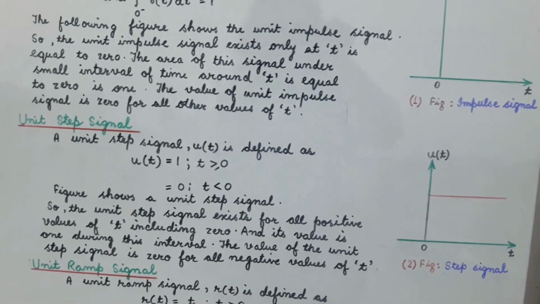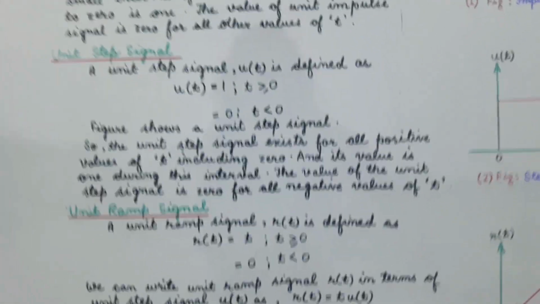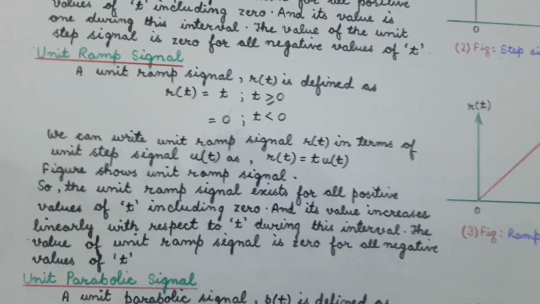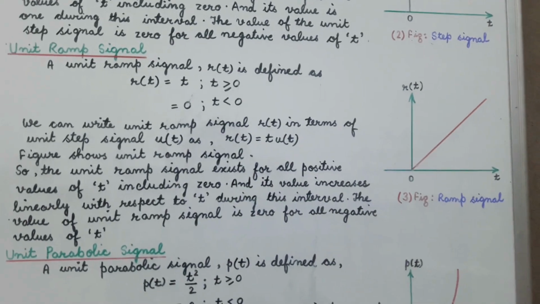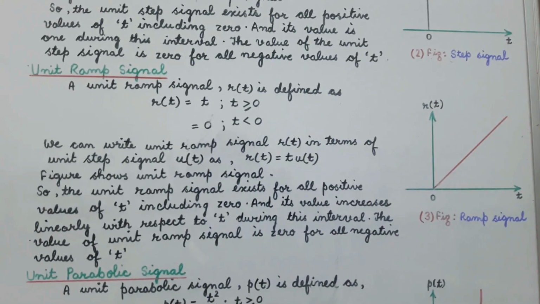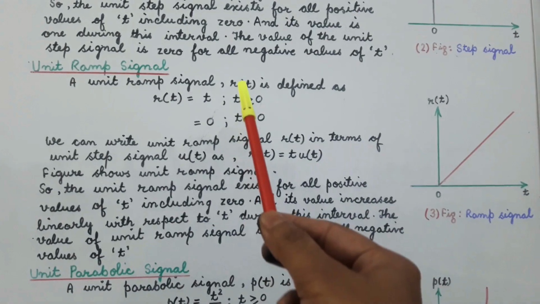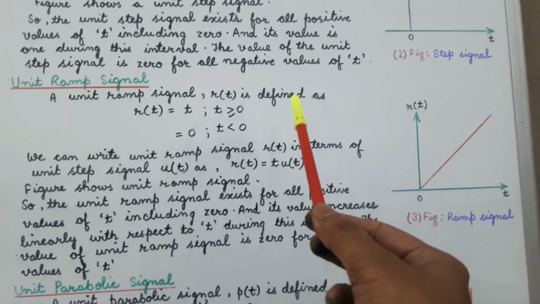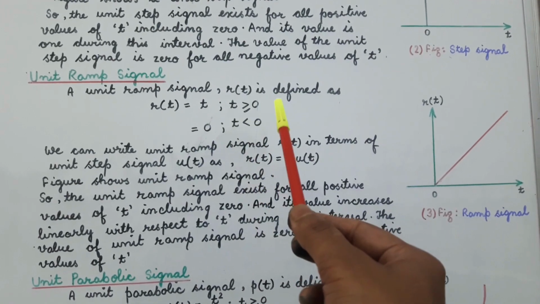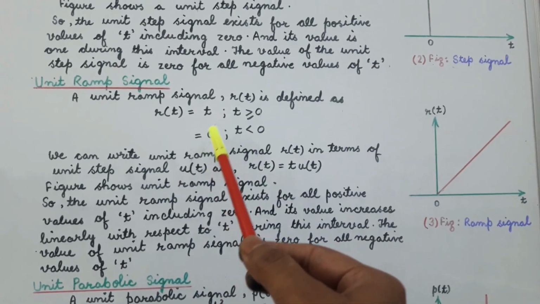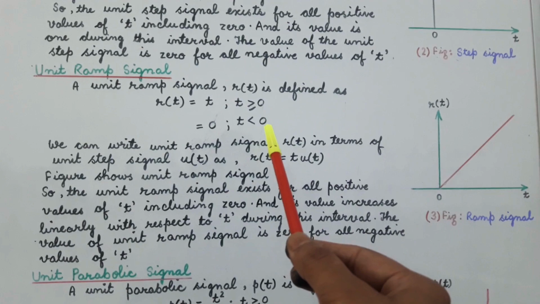Similarly, the next signal is the unit ramp signal. A unit ramp signal is denoted by the letter small r(t), and it is defined mathematically as r(t) will be equal to t for t greater than equal to 0 and is equal to 0 for t less than 0.